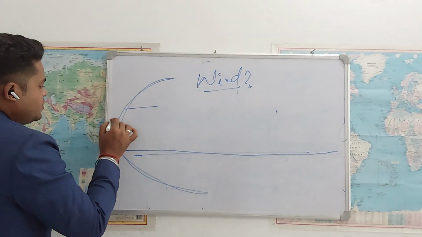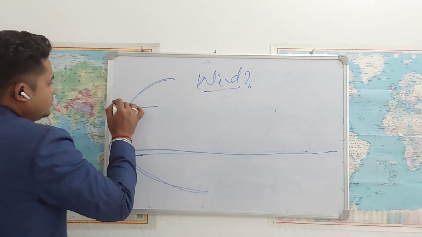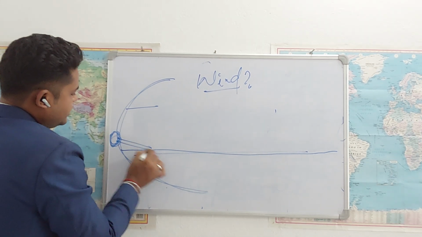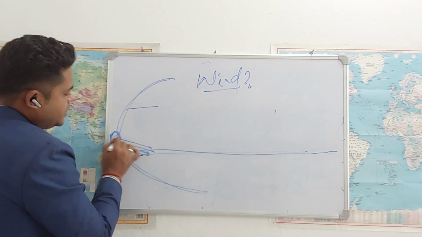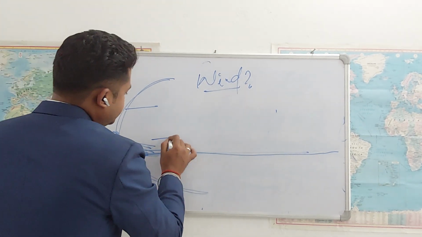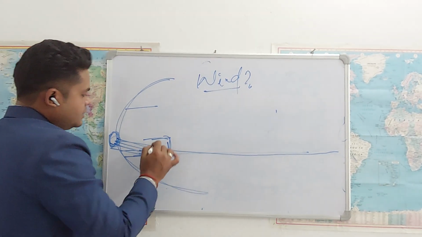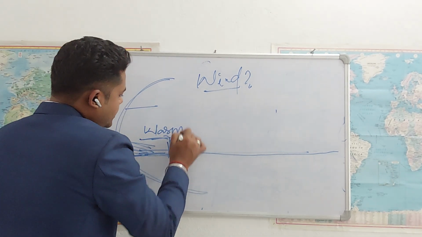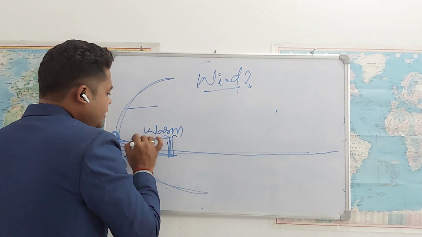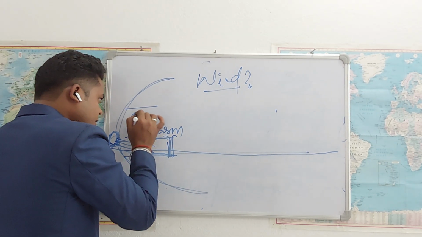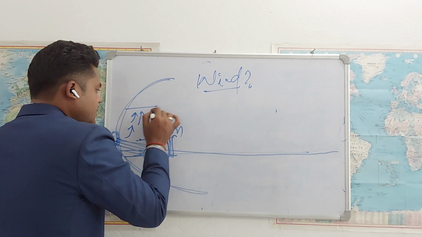Suppose your sun is here, and it is giving direct sunlight to this particular area, this latitude. So what will happen? This particular area will become warm, and the air in the warmer area will get lighter and it will start rising up.